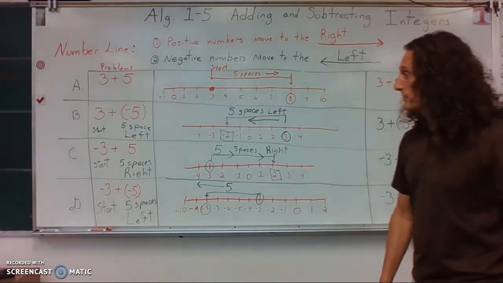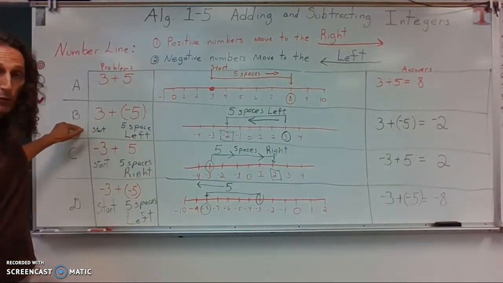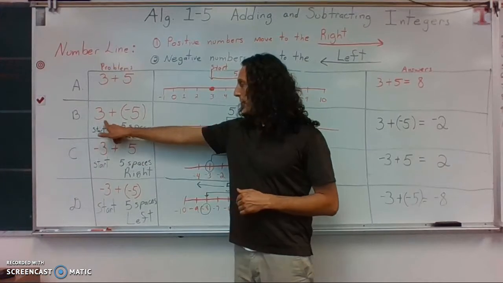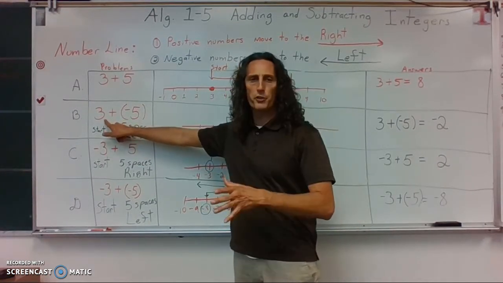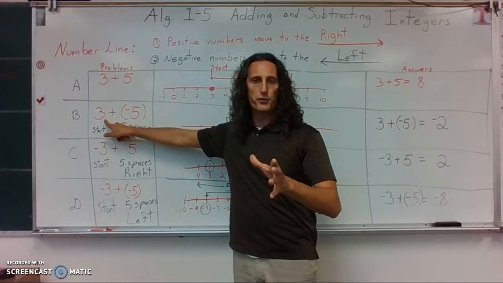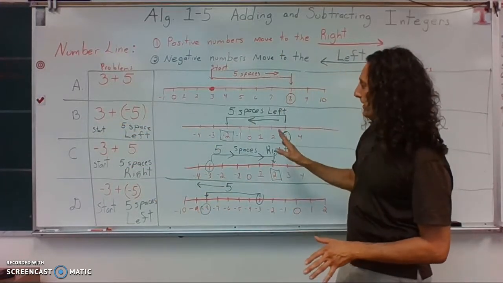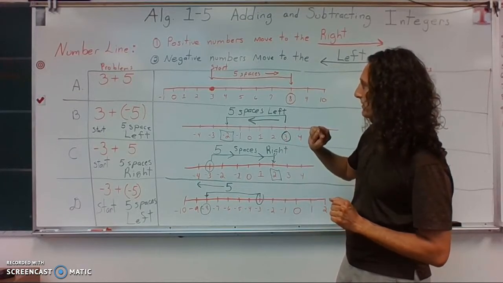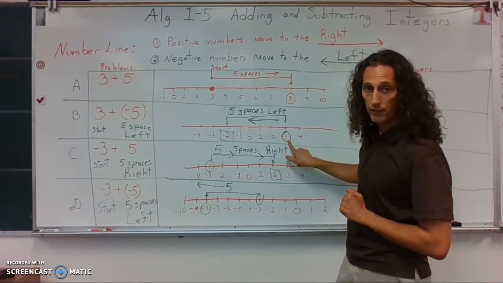Okay, so now that that's done, let's look at problem number B. All right, so on problem B, I have a 3 plus a negative 5. So again, the first number, we always start there. You never change that first number, ever. That's where you start. So here's my number line where we started at a positive 3, right?